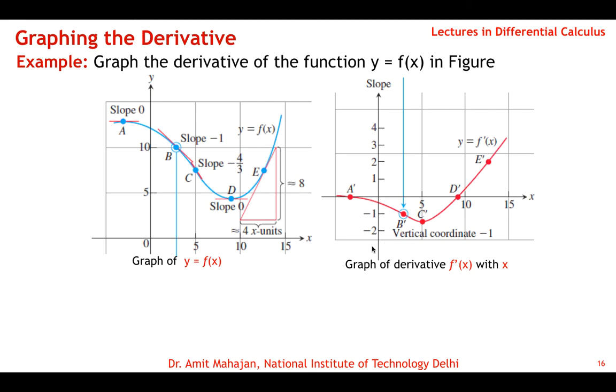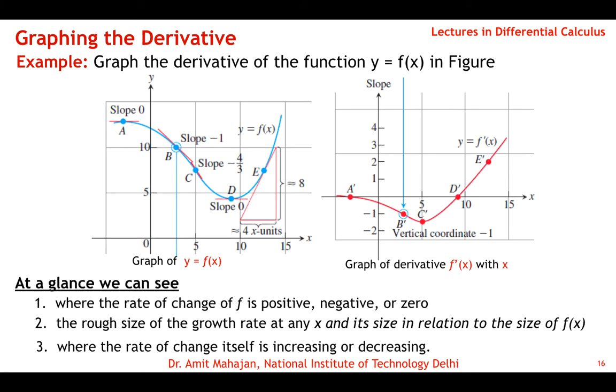Okay, so from this graph we can see a few things: where the rate of change of the function is positive, negative, or 0. Where the change is positive, where it is negative, and where the change is exactly 0, the rough size of the growth rate at any point x and its relation to the size of the function.